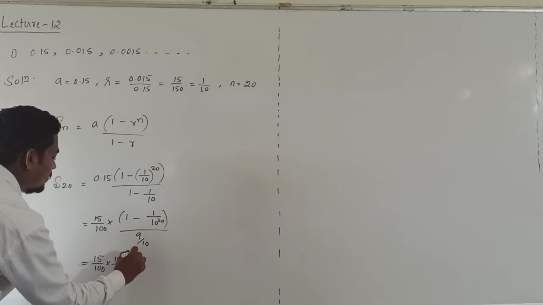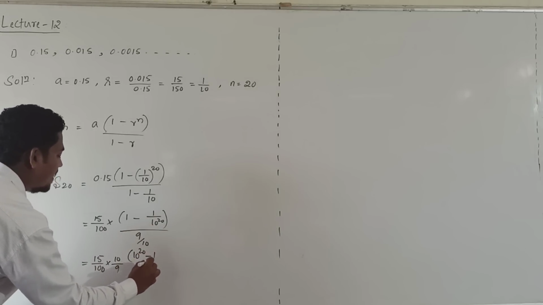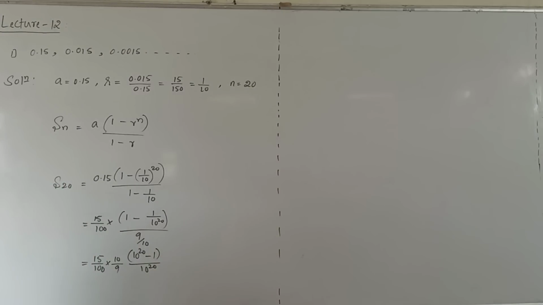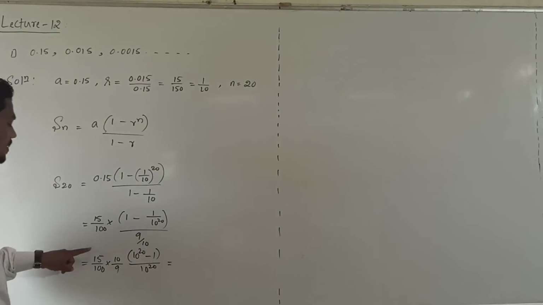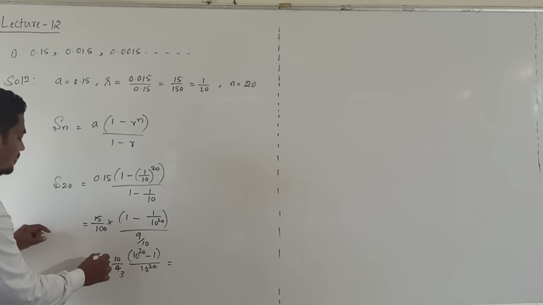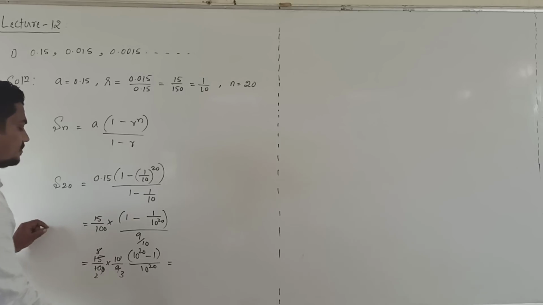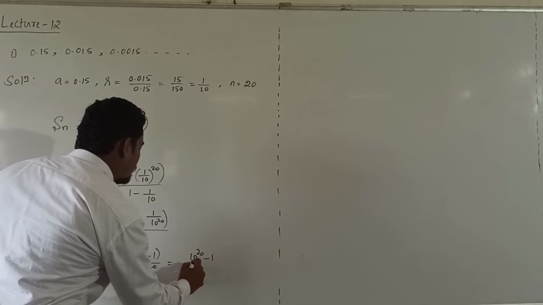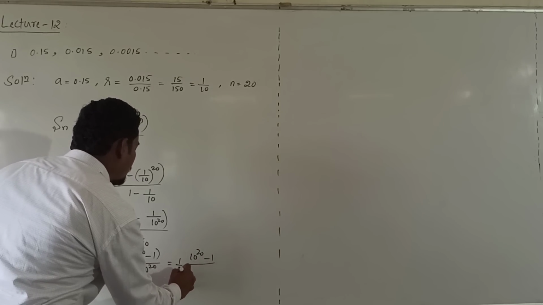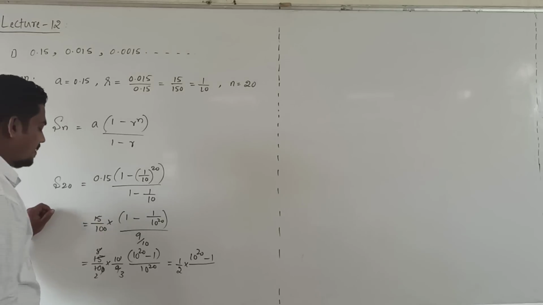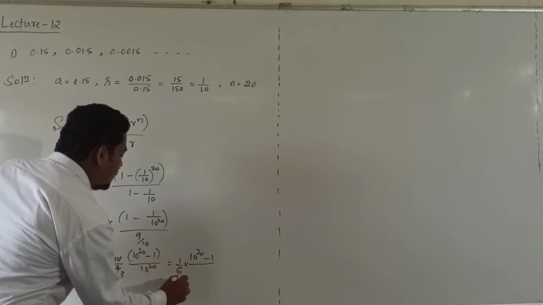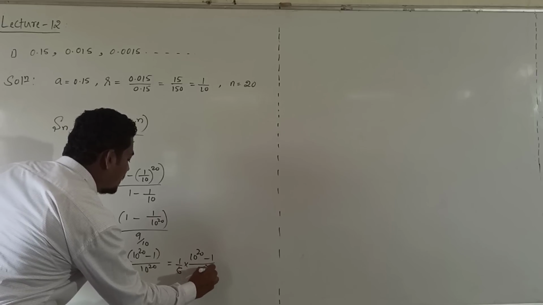On taking LCM, 10 power 20 minus 1 divided by 10 power 20. That's equal to 3 3s are 3, 5 1s are 5, 2s are... 10 power 20 minus 1, and 1 by 2 remains as it is, and it is 3. That is 1 by 6 into 10 power 20.